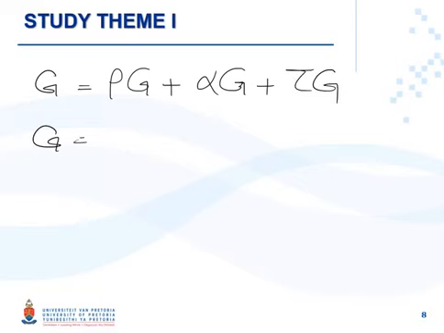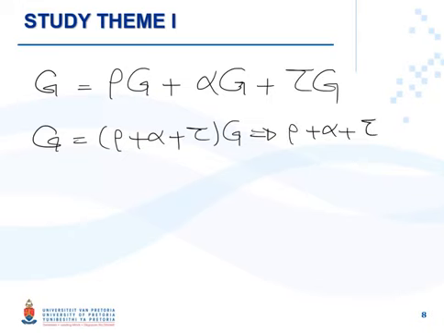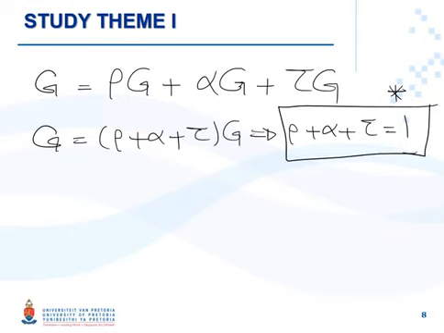So G is equal to rho G plus alpha G plus tau G. Then we know that rho plus alpha plus tau is equal to 1. It's a very important relationship between reflectivity, absorptivity, and transmissivity. Okay, so we know that.